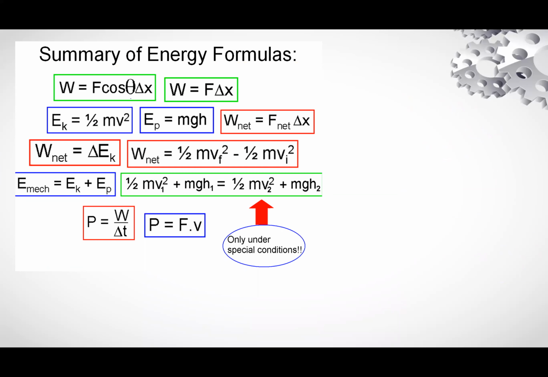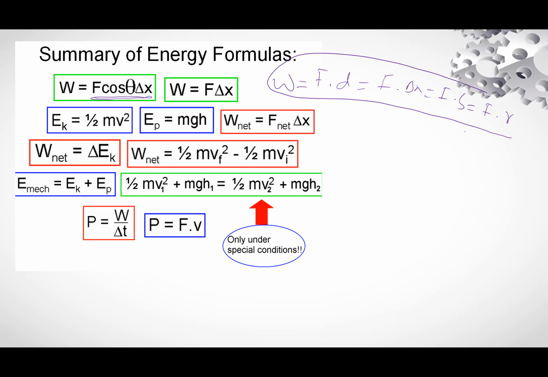This is the first formula, which is work is equal to F dot D, is equal to F dot del X, F dot S, F dot R. All these terminologies are used. This is potential energy.